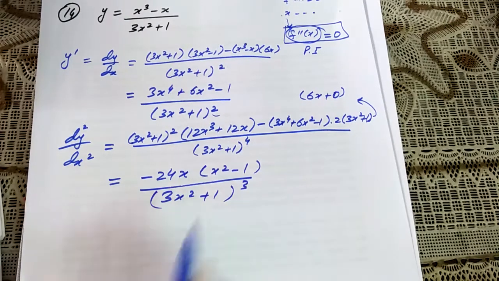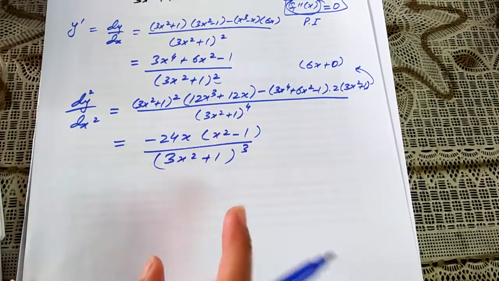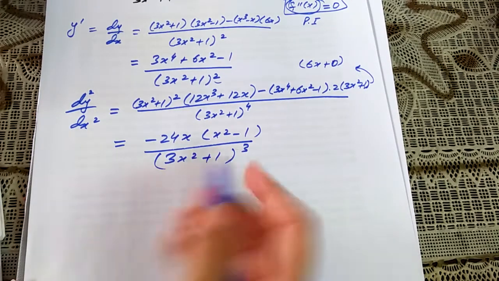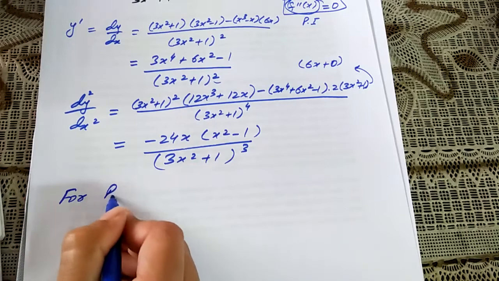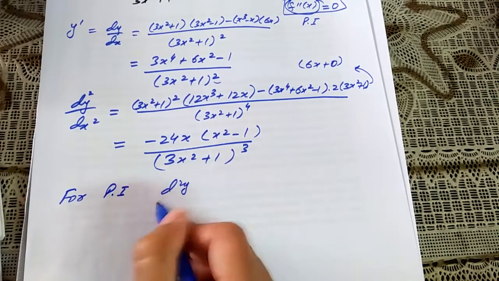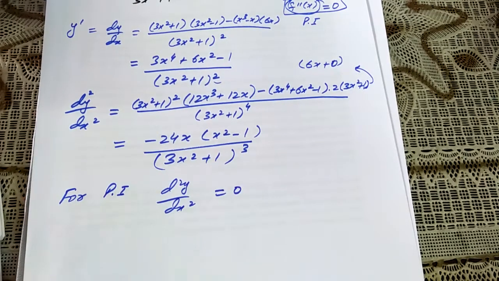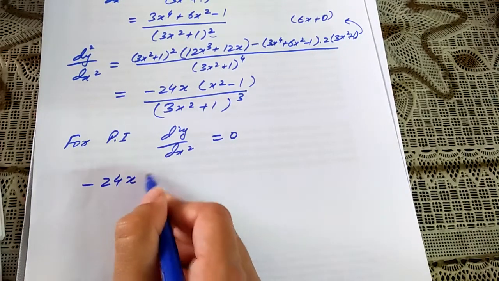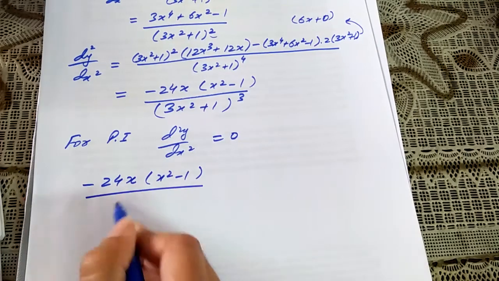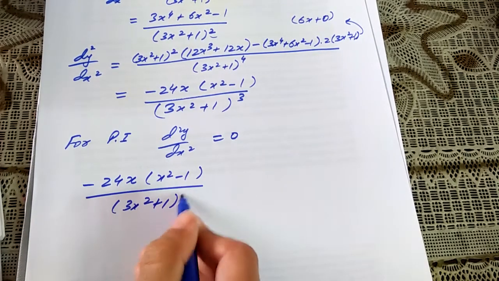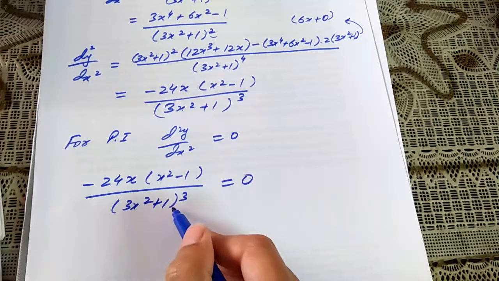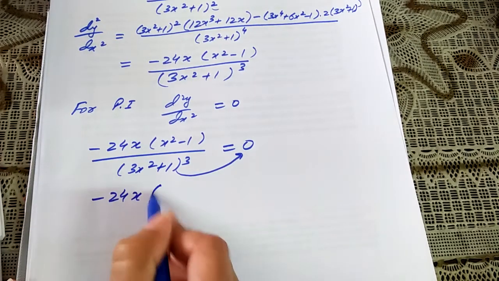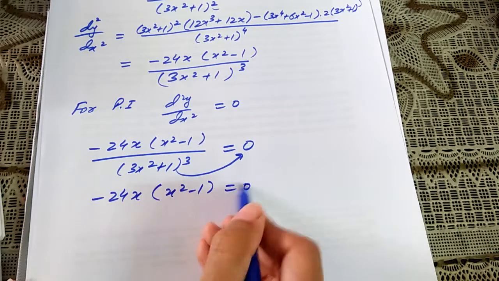Now for the point of inflection, the second derivative will be equal to 0. For a point of inflection, d2y by dx squared equals 0. This means minus 24x times x squared minus 1 divided by 3x squared plus 1 whole cubed equals 0. The denominator will be multiplied across, so we are left with minus 24x times x squared minus 1 equals 0.